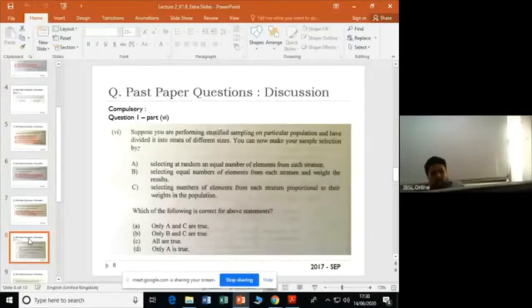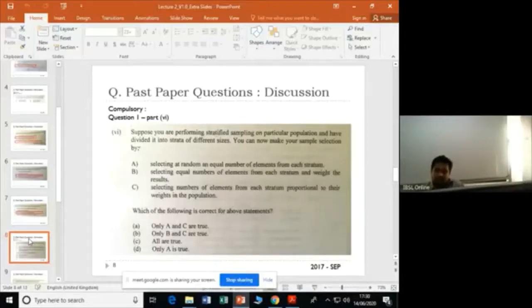Suppose you are performing stratified sampling on a particular population and have divided it into strata of different sizes. You can now make your sample selection by A, selecting a random and equal number of elements from each stratum. Now the important thing to highlight is you have divided into strata of different sizes, not equal sizes.